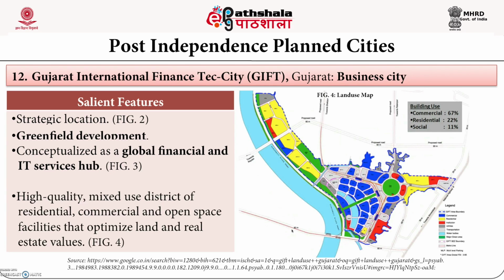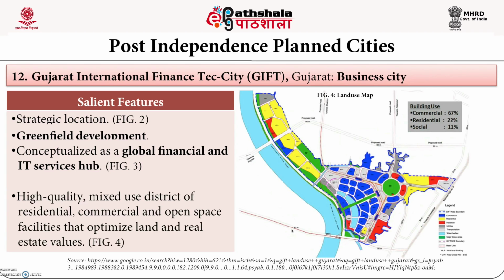It's largely commercial, as I said it was a mixed use district, so commercial is nearly 70%, with residential only 20%. So it was for a specific purpose that this city came up, and the land use reflects that, and it optimizes the land and real estate values, because of the purpose of the city.